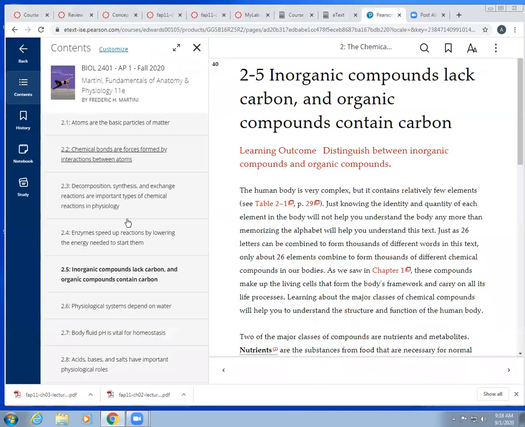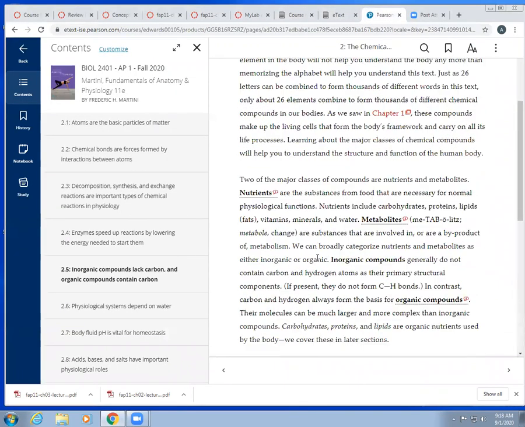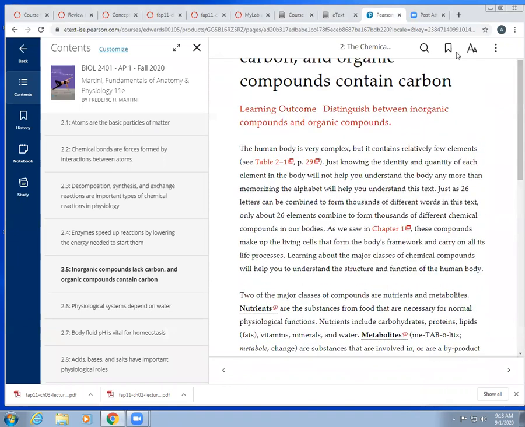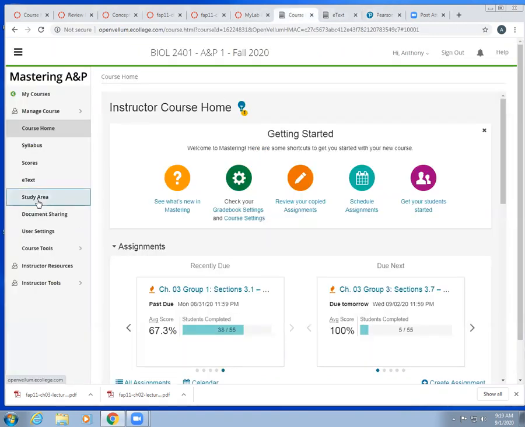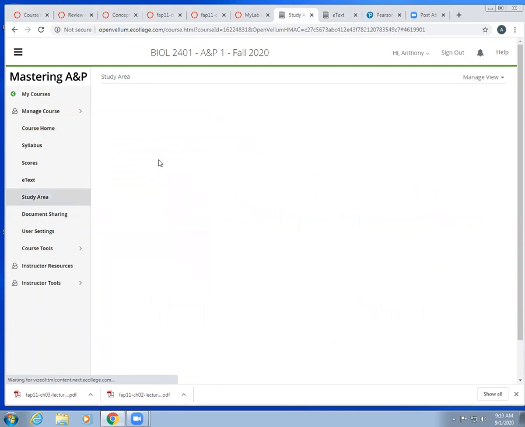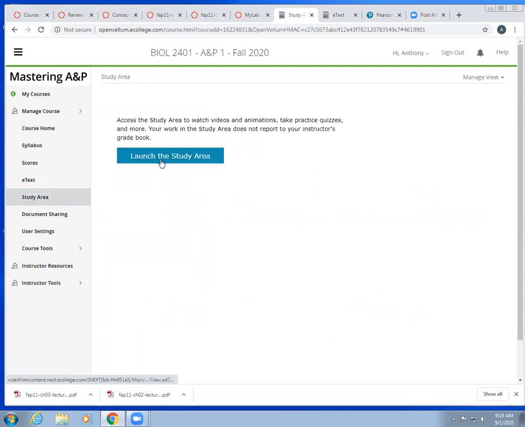It'll take you to the e-text, and so you can read the text online. You can change the font, go to different sections or different chapters. You can create bookmarks and take notes here. You also have access to a study area. You can organize it by chapter and look at different resources.